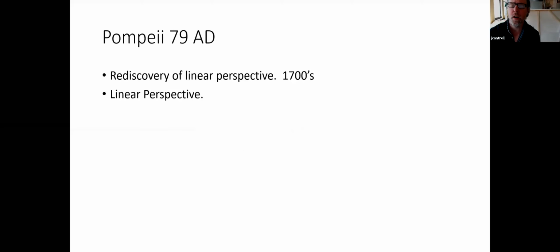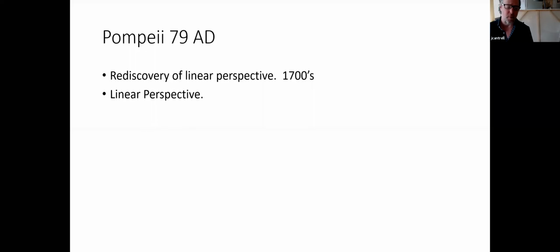So we're going to talk about the rediscovery of Pompeii in 79. Of course, it was created in the first century AD, but rediscovered in the 1700s during the Neoclassical period. This is a very major influential historical shift in architecture, interior design, furniture design, proportion, and geometry. Of course, we're reintroducing linear perspective. Now, remember, in the Renaissance, roughly 1400s, Brunelleschi, the Florentine architect, discovered perspective when he was working on the Cathedral of Florence.